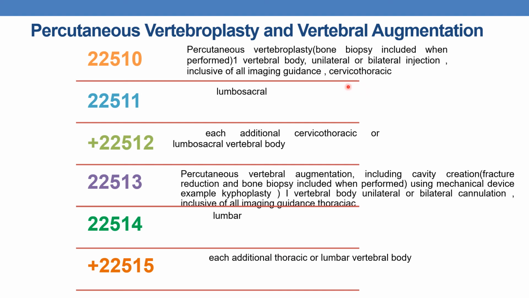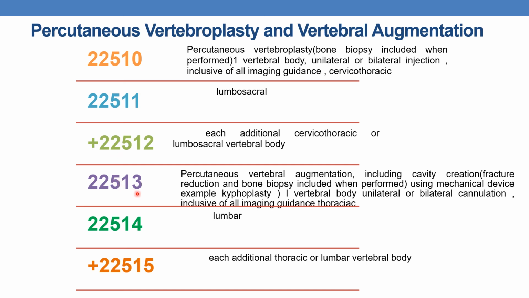Whenever percutaneous vertebroplasty is performed in the cervicothoracic region, you need to report 22510. And whenever it is performed in the lumbosacral region, you need to report 22511. And additionally plus 22512 for each additional cervicothoracic or lumbosacral vertebral body. For each additional vertebral body, you need to report this add-on code plus 22512.